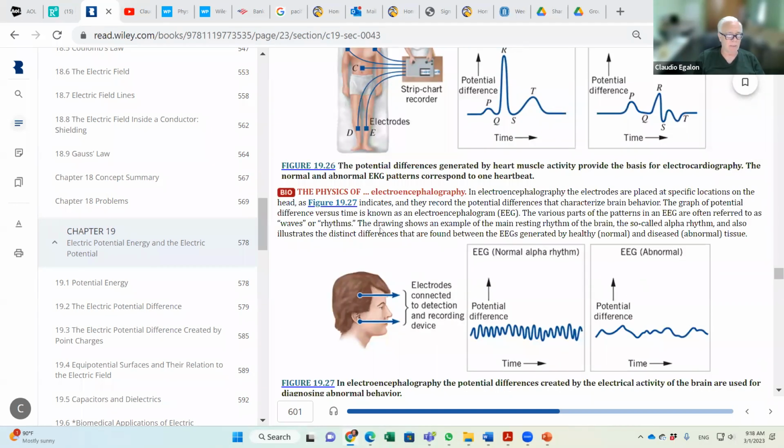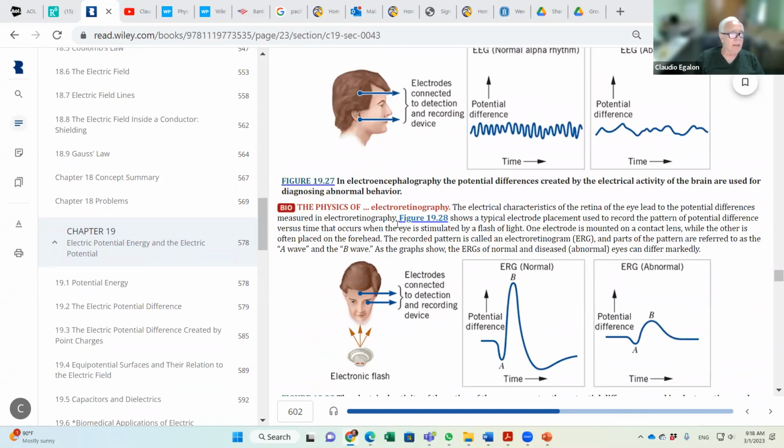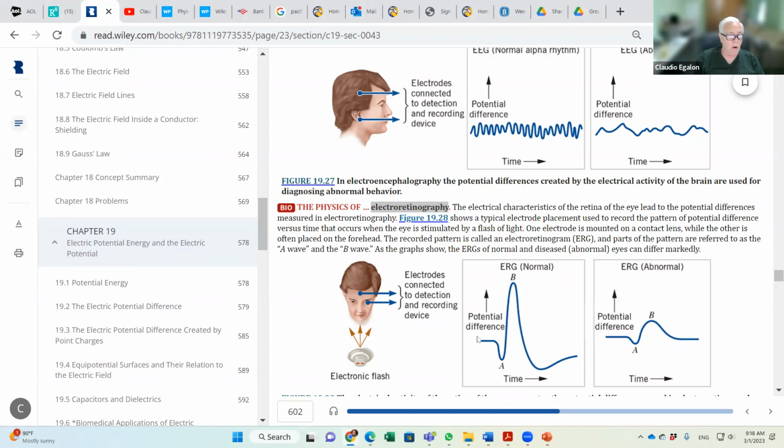You see what measurements of electrical potential can do. In principle, you can use a multimeter to make those measurements. And we also have electroretinography, which measures the potential difference of the retina.